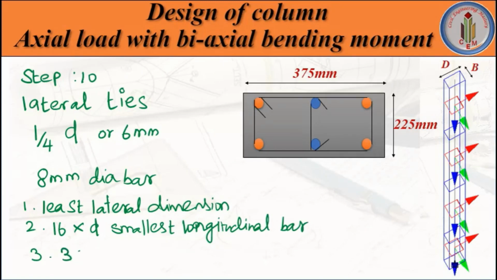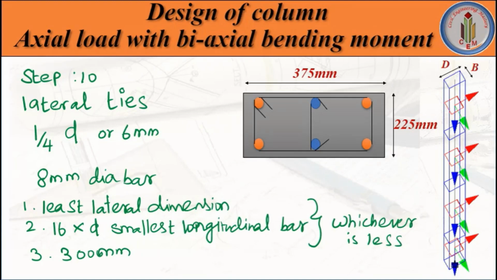Third one is 300 mm. So we have to use the minimum of these three. Whichever is less among these three, that one we have to use as spacing. So let's calculate.